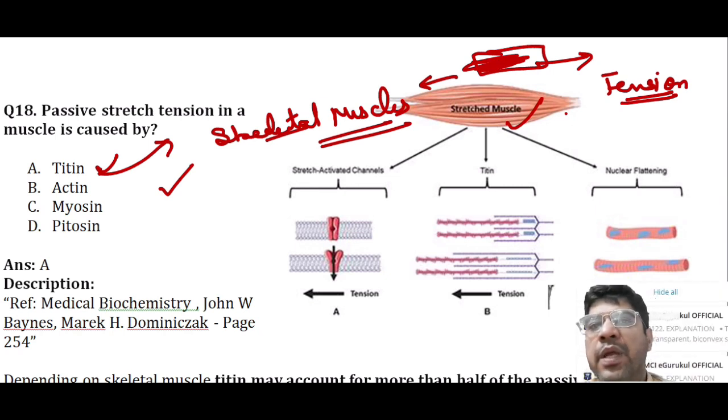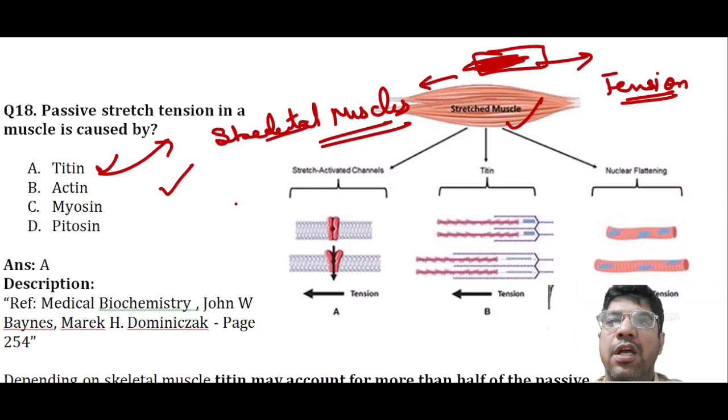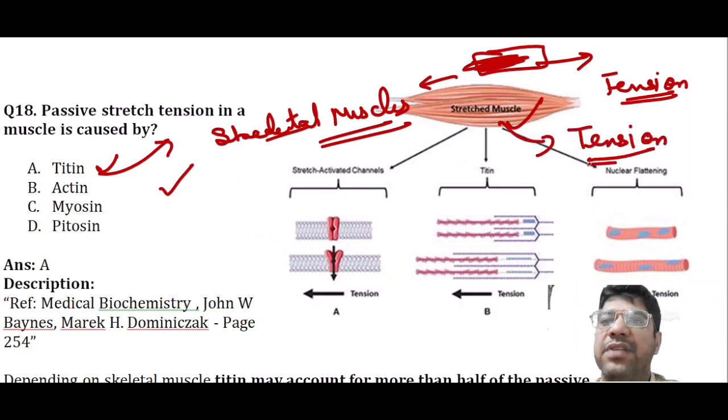That happens during activities like stretching your legs, arms, etc. So when you stretch the rubber band, it will create what? Tension. So this tension in the rubber band is similar to the passive stretch tension in the muscle.